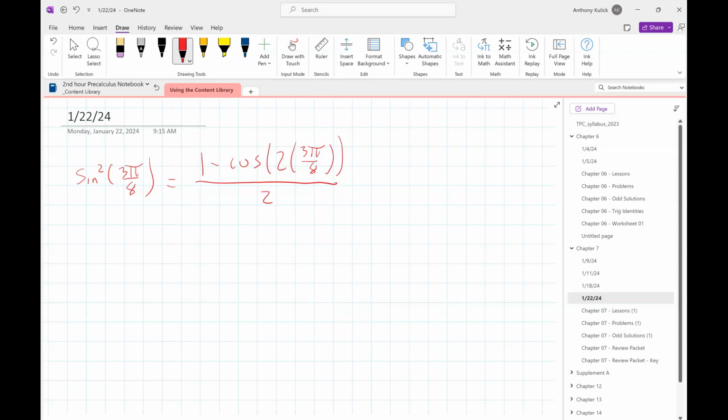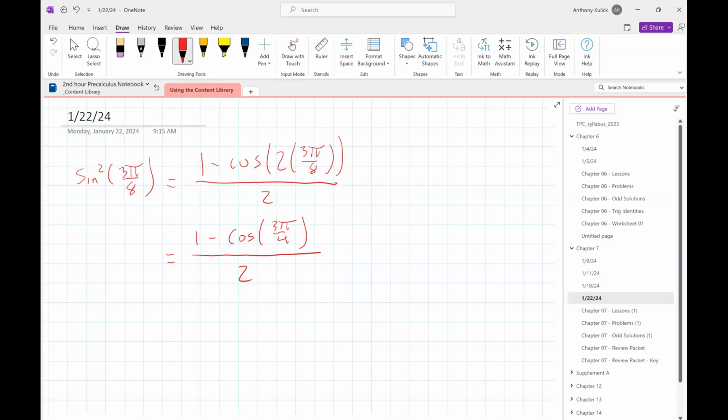Could you get the angle first, then? Sure. I'm just electing not to do it since I don't actually have to manipulate anything. But certainly you could convert it into degrees first if you wanted to. 2 times 3 pi over 8 is just 3 pi over 4. That's a unit circle angle.